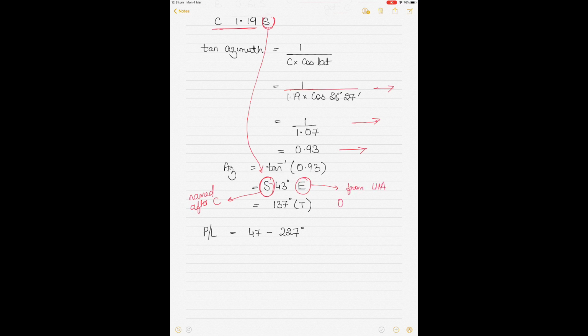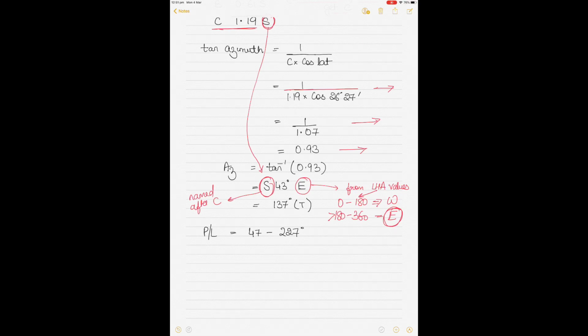If LHA is between 0 to 180 degrees, you will name it west. If LHA is greater than 180 to 360 degrees, you will name it east. These are LHA values. In your case, LHA was 319 degrees something minutes, right? So it was more than 180, so that's why you will name it east in this case.